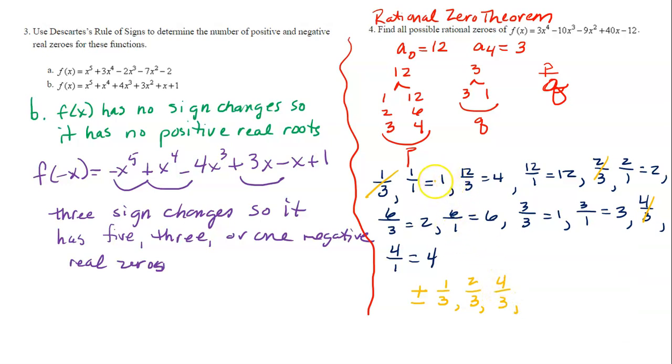Then I have 1, 2, 3, 4, 6, and 12. That's the answer. Disgusting, I know.